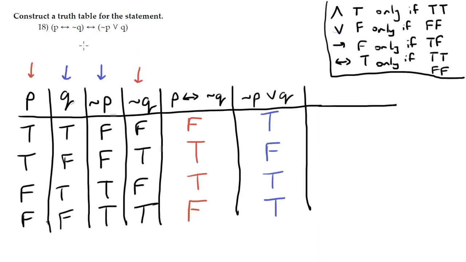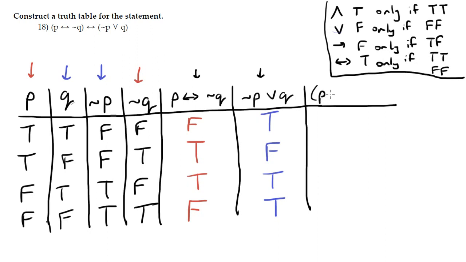So now I can construct my original statement, the super compound statement. These two columns are joined by a biconditional. Remember, that's only true if I have true, true, or false, false.